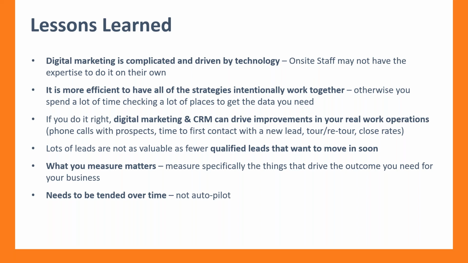Two last things. First, what you measure matters. So we were measuring the wrong things initially, and now we measure things that are specific to the outcomes we are looking to drive. And we measure it religiously, like every single month without fail. And again, just tending it over time.